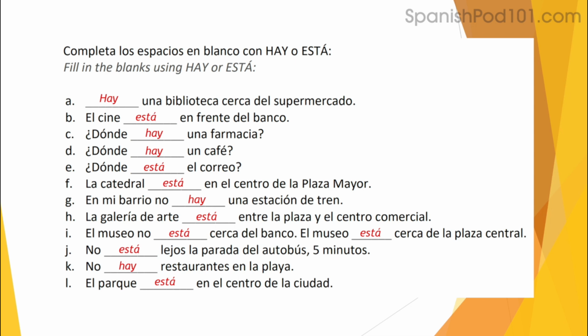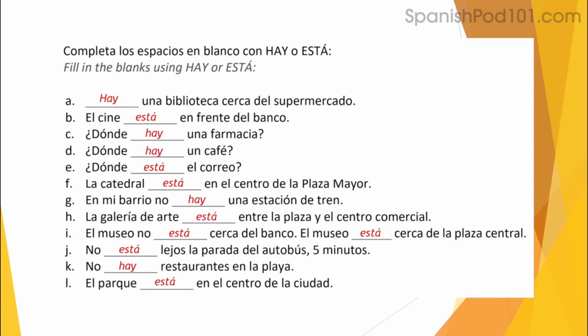En mi barrio no hay una estación de tren. La galería de arte está entre la plaza y el centro comercial. El museo no está cerca del banco. El museo está cerca de la plaza central.